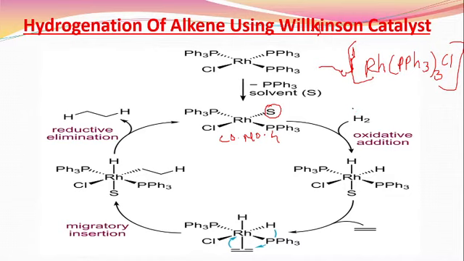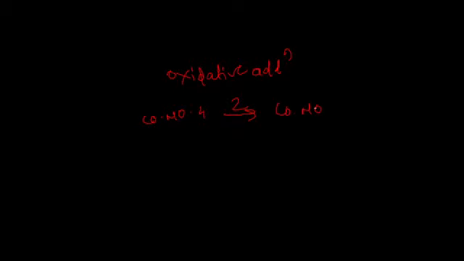Then it shows the oxidative addition reaction. We already discussed oxidative addition. What is an oxidative addition reaction? In oxidative addition, the coordination number is increased by 2. That means the coordination number changes to 6. Second, one molecule gets broken: here there is an H2 molecule.